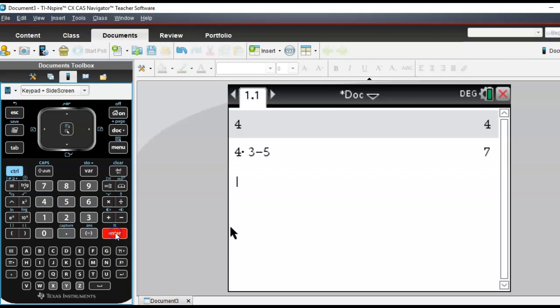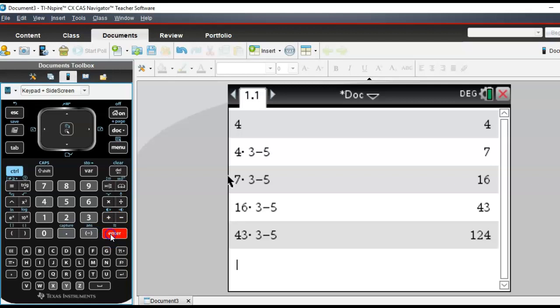So if I hit enter, then we've got 7. Now, our CAS is pretty smart, so I don't need to type that out again. If I just hit enter, it does the same procedure again. So it takes the answer, times it by 3, takes away 5.